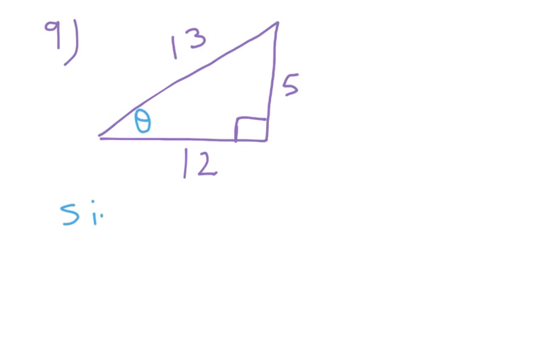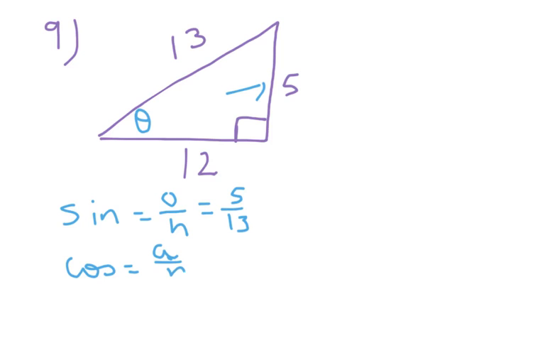So sine is opposite over hypotenuse, which equals opposite is 5, hypotenuse is 13. Cosine is adjacent over hypotenuse, which would equal 12 over 13. And tan is just opposite over adjacent, which is just 5 over 12.